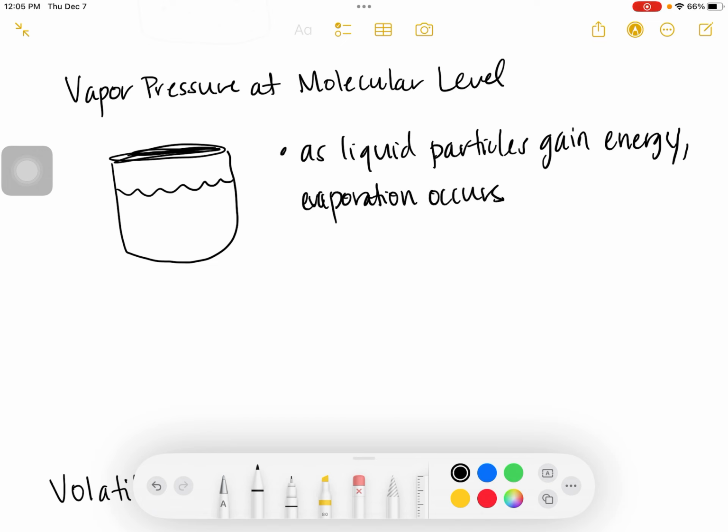So given enough energy, these liquid particles, like we just talked about, will evaporate and turn into gas particles. Okay. But maybe unknown to you is the fact that then those gas particles will release some energy and turn back into liquid through the process of condensation.